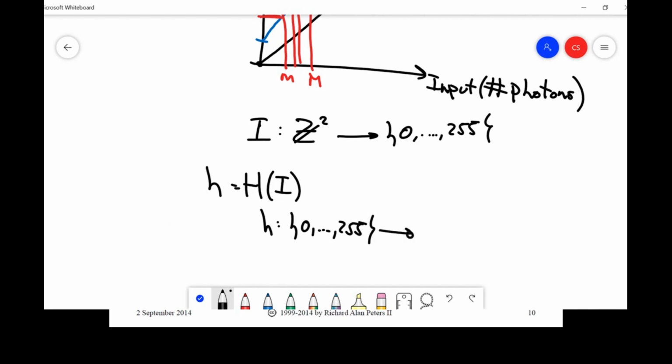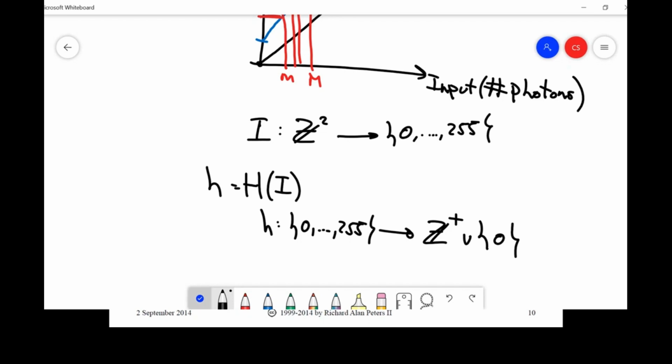And what is the range? The range is a count. So those are positive numbers, including 0. This is the way to formalize that.